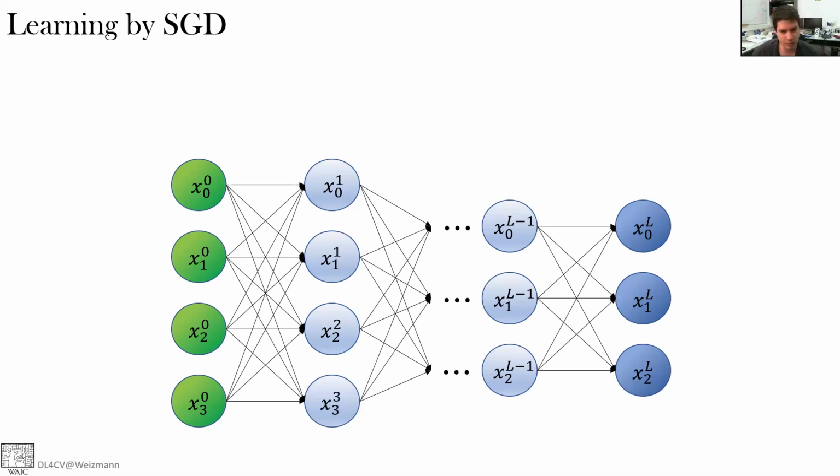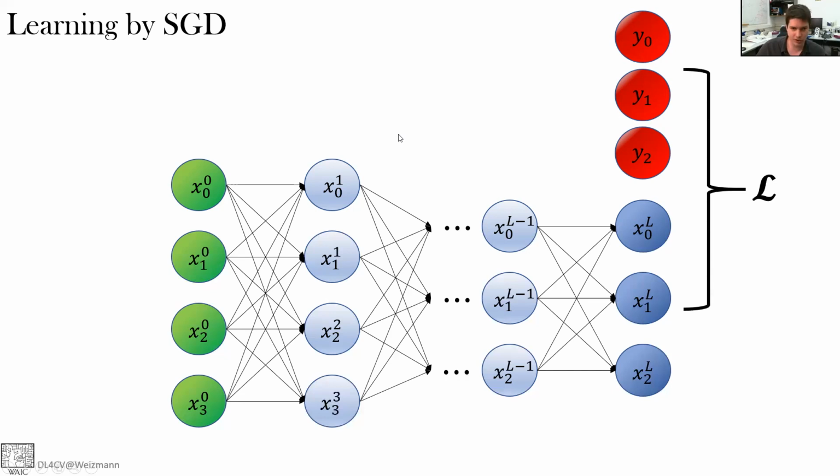And the way we're going to approach this is again by gradient descent. So let's think together about what we need to do in order to train a network with gradient descent. First, we need the label vector, right? We have the output vector and we need the label vector for each iteration of this gradient step. And we're going to have some kind of loss, which is going to be a function of both the output and the label.